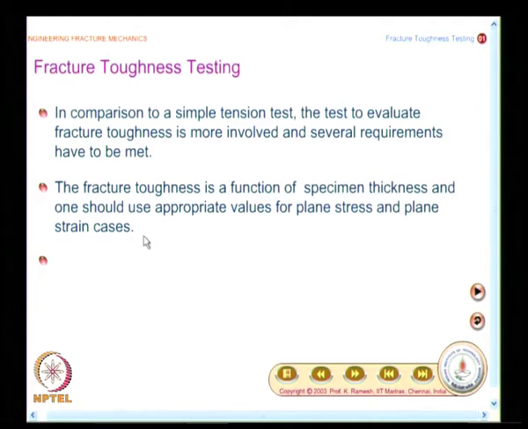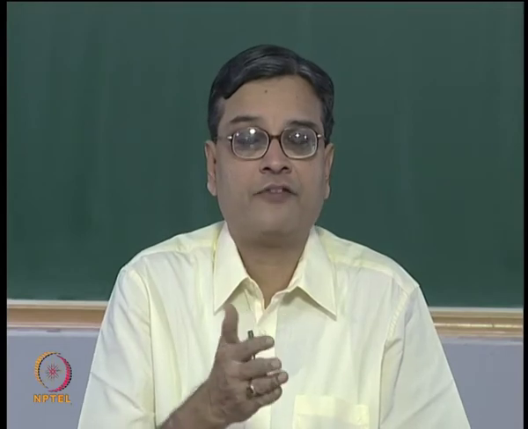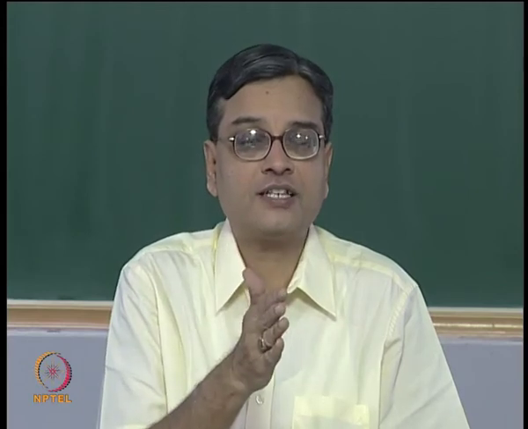So, once you recognize it is a function of thickness, if I have a structure which is primarily in plane stress, I should use only the fracture toughness applicable for plane stress situation. If I use the one which is meant for plane strain, then I would be having a lot of cushion, that is, I would be over designing my structure. So, you have to be careful about that.